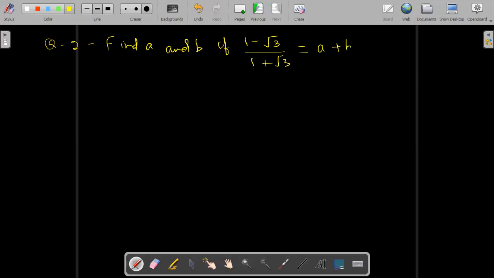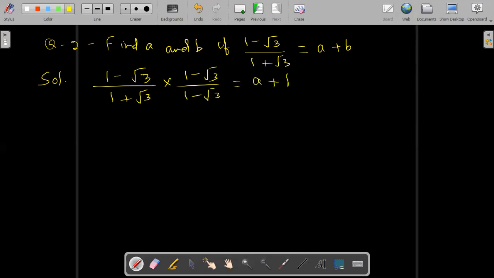Right hand side, now root is not given, so we will directly equate. So we will simplify the left hand side and rationalize the denominator. 1 plus root 3 is in the denominator, so multiply with 1 minus root 3 above and below, and the right hand side is a plus b. Now the denominator will become a square minus b square, 1 square minus root 3 square.